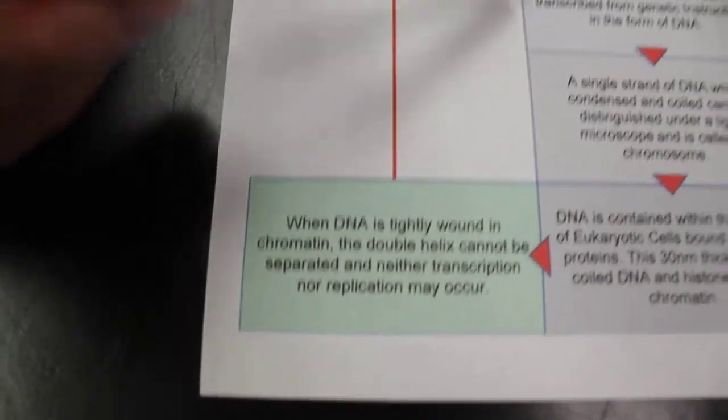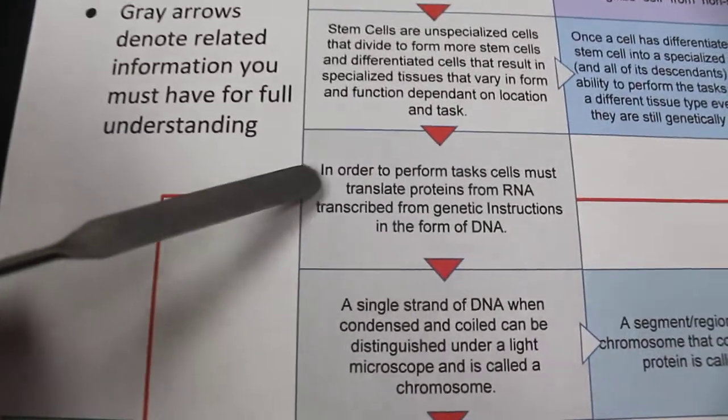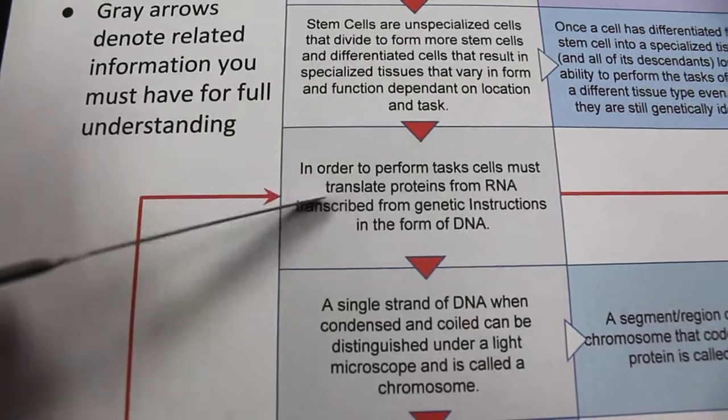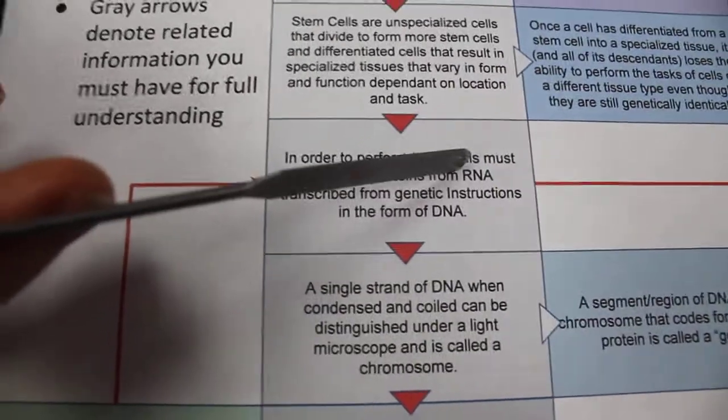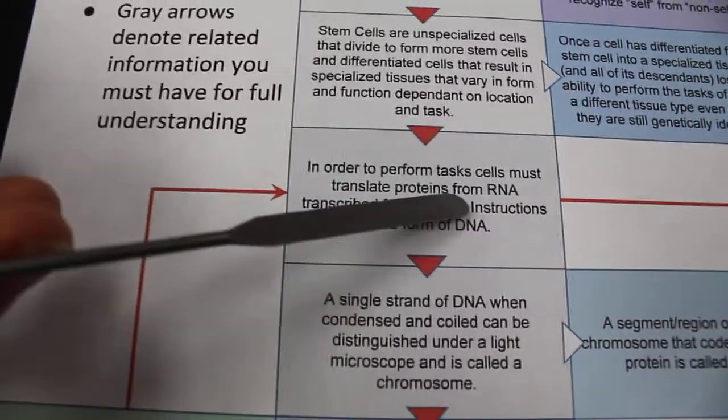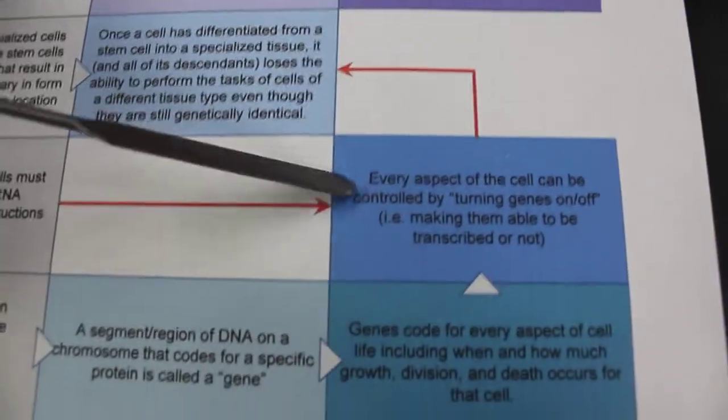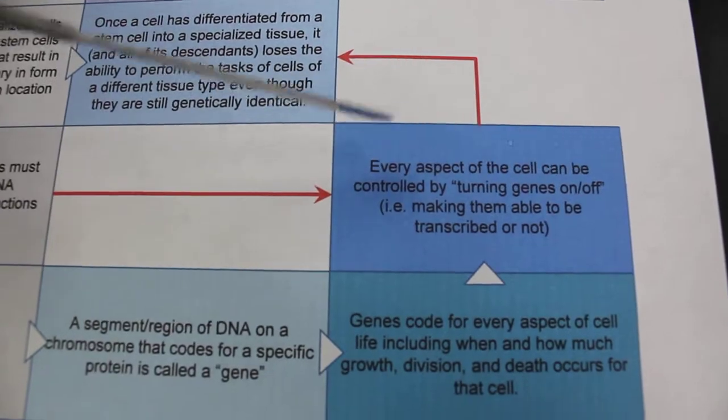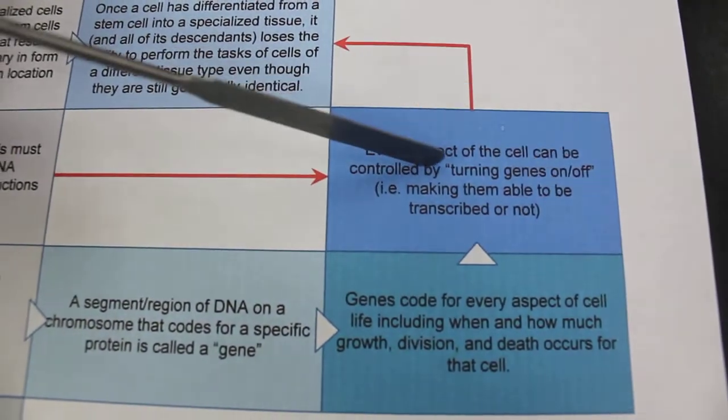Now, remembering again that in order to perform tasks, cells must translate proteins from RNA, which is transcribed from DNA. And also remembering that every aspect of the cell can be controlled by turning on or off genes.